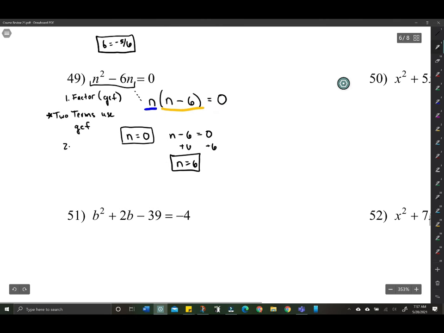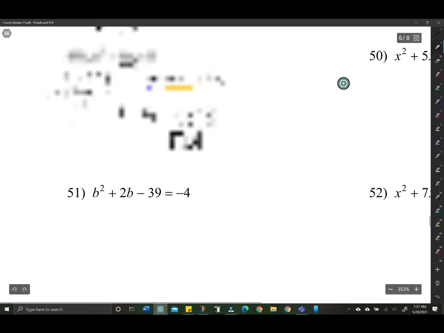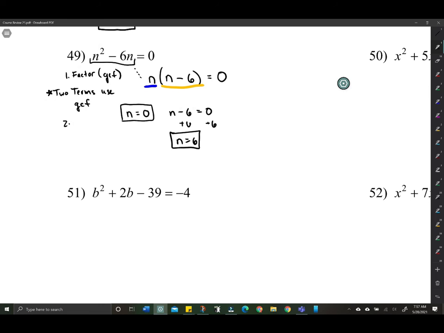Now for 51, okay? There's another little trick. So aside from factoring first, our actual first step here is to make sure that the right side needs to be 0. Which means you want to add 4 to each side. Now, since it's a constant, it's going to add to the other constant. So we're going to have b squared plus 2b, and then minus 35 equals 0.